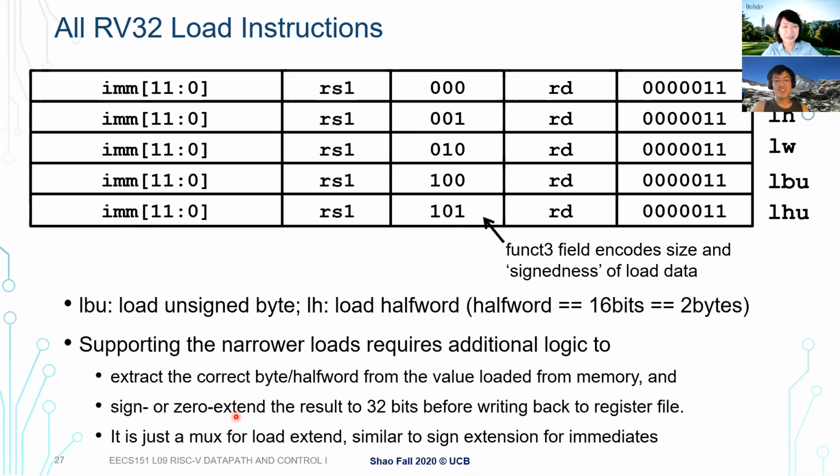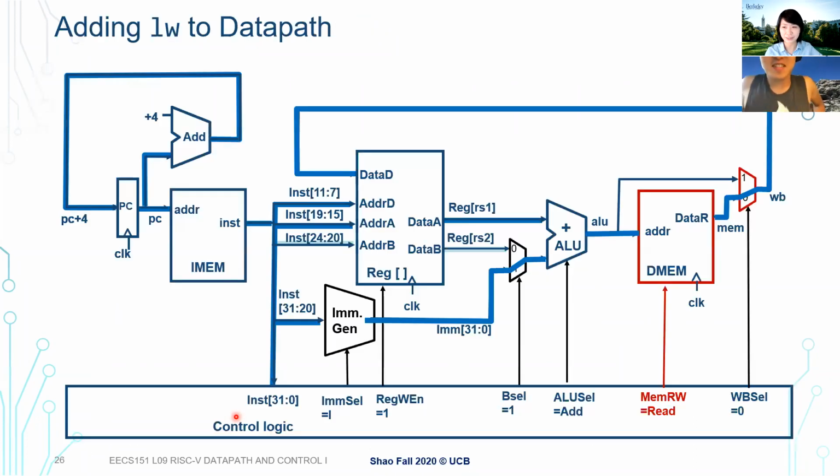Most of what we talk about here is, once we read data out, how we specify which region of data we want to select. If we want to select a subset, we need to add another mux here to specify which one to select.